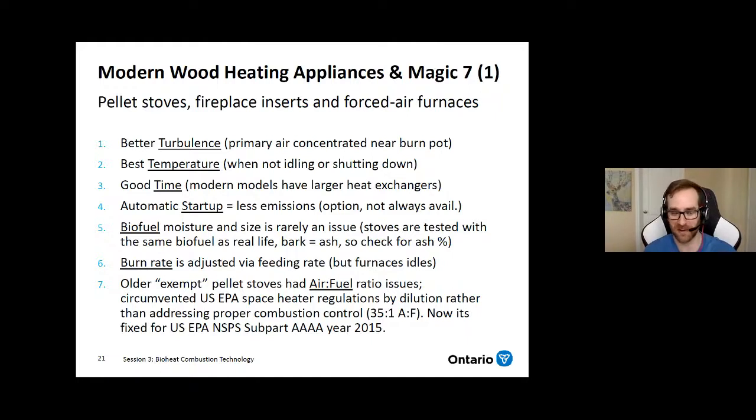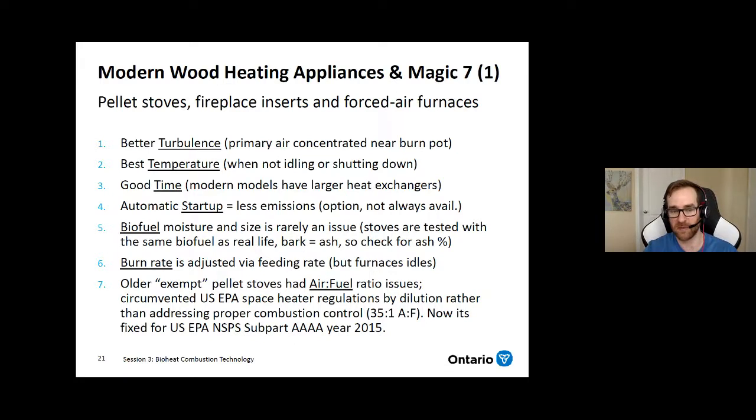Some of these models were still available a while back, so you do have to double check that your unit was not using that exemption status to pass the test, or just to not be tested at all. I would highly recommend that you get rid of that stove and buy something that's up to date.